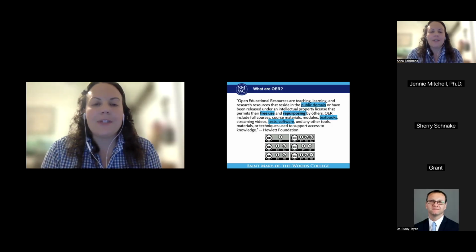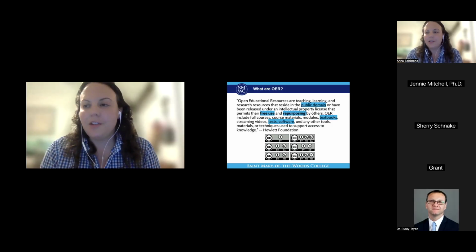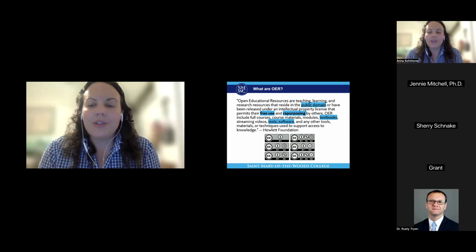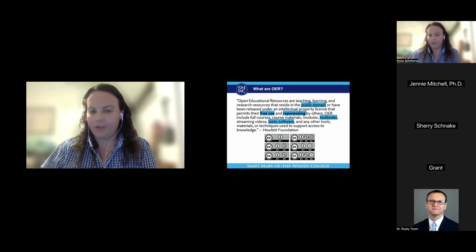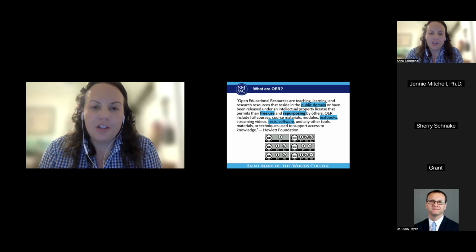So it's free with permissions, or free plus permissions, is how you will hear people speak about OER. The resources themselves exist in the public domain and often have Creative Commons licenses that you see the photos of down below. So there are a variety of different permissions, but free use for education and repurposing often.